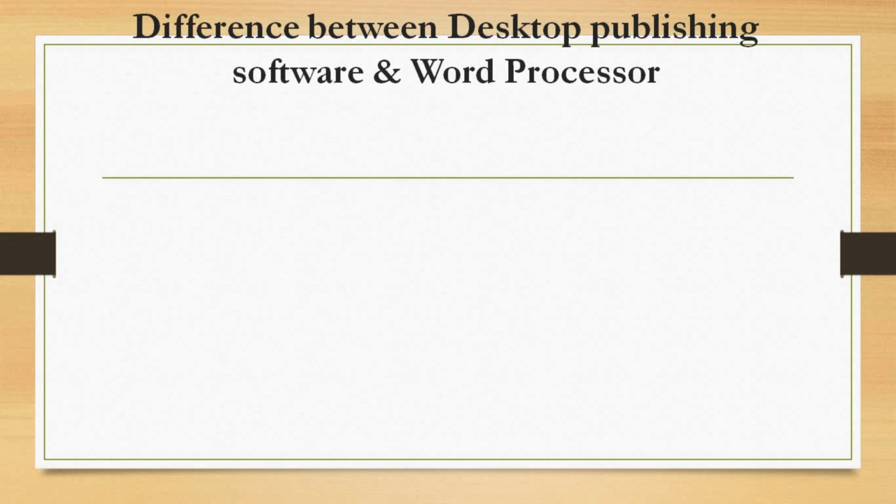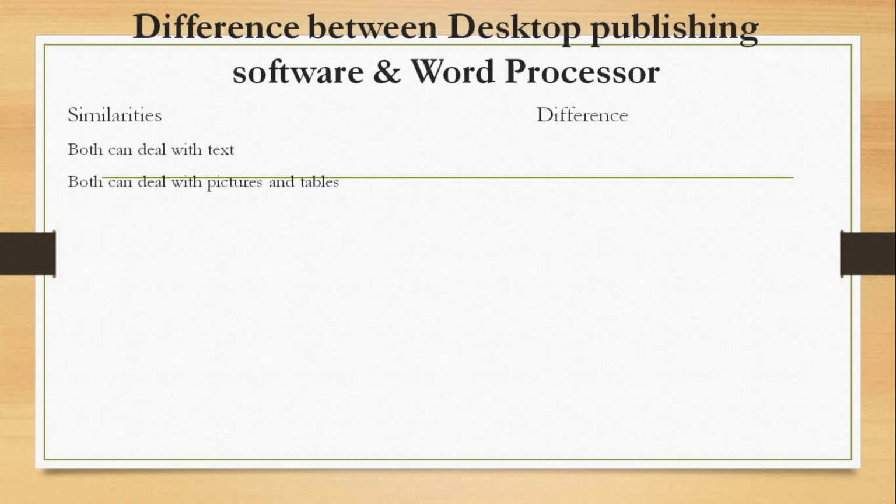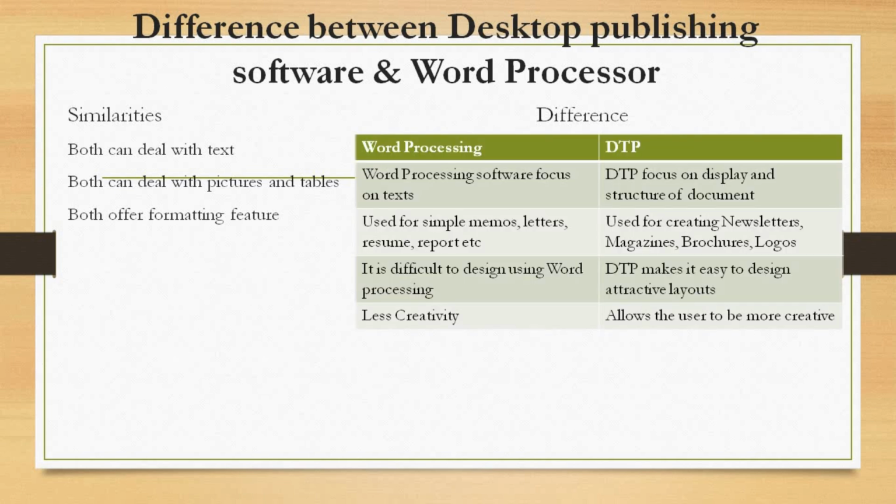Let's see the difference between desktop publishing software and a word processor. First, the similarities. Both word processors and DTP software can deal with text, pictures and tables, and both offer formatting features. Then what is the difference? Word processing software focuses mainly on text, whereas DTP focuses on the display and structure of the document.